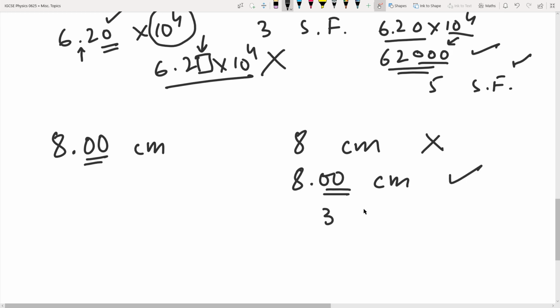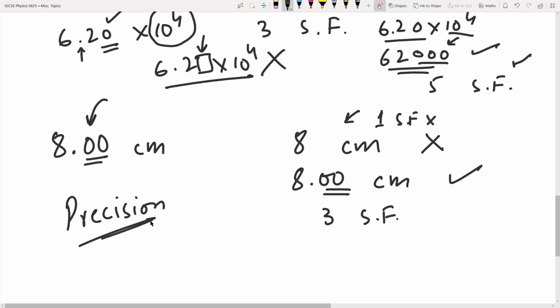And now I have three significant figures over here, while I wrote this as one significant figure, and that would be incorrect, right? So these extra zeros that are there actually represent precision. If you remember, I discussed precision in unit 1 of the measurement, what is precision.